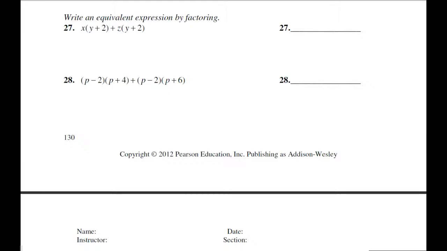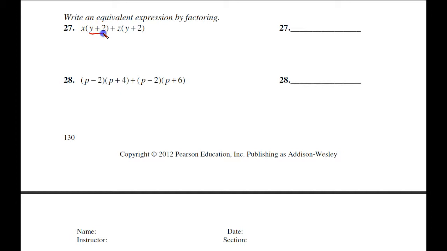Now, let's see what we have here. Okay, that's better. Now, as we look at what we have here, write an equivalent expression by factoring. Well, what common factors do we have?